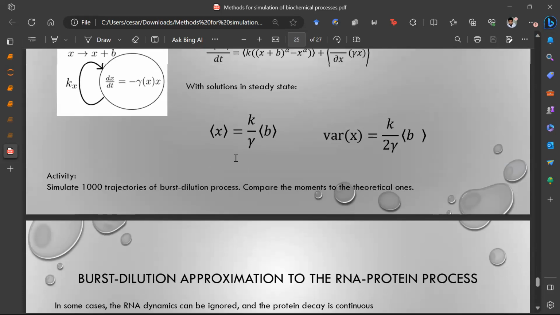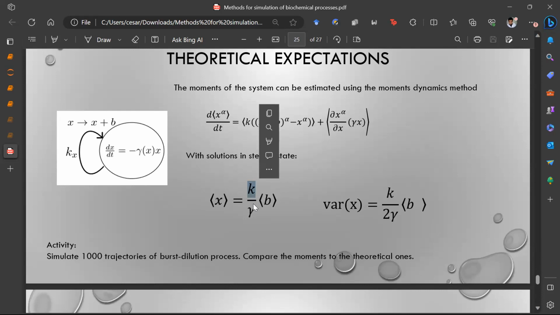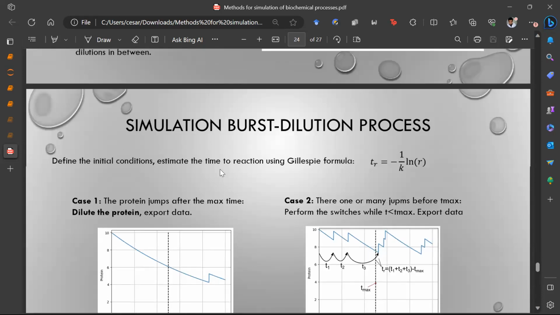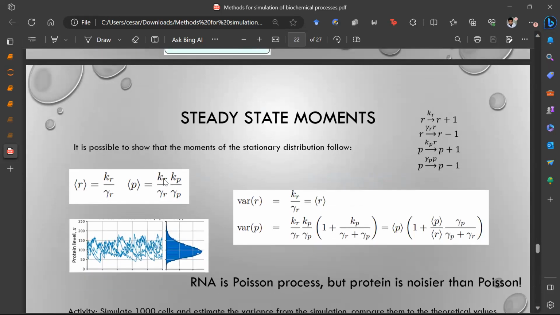In this case, I'm going to use k as kR and gamma as gammaP. If I want the same mean P, I already have kR and gammaP, so the mean burst size has to be kP over gammaR, such that I have something similar to this. I'm going to call this the mean burst size.